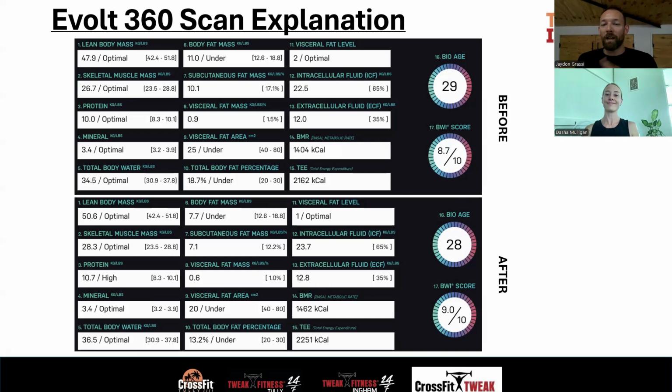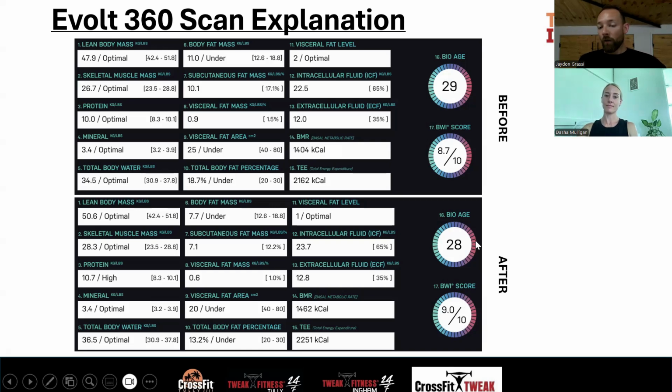Maybe not so much the other way, but we can see our body wellness indicator here at 8.7 or 87% and bio age of 29, which is great because this individual is 33 according to the actual birth date. So great starting point. And you can see as we've gone through the process now, 28 as the bio age and 90% or 9 out of 10 for the body wellness indicator.